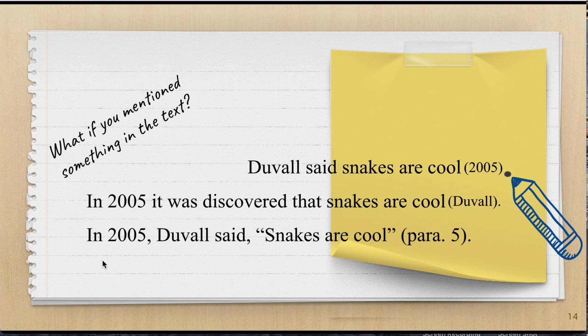Or maybe I said in 2005 Duval said snakes are cool. If I didn't have a direct quotation, I don't need to put an in-text citation because it's already in the text, the citation, all right? But if I didn't do that, if this is a direct quotation, then I need the parenthetical and I put the page number, okay? Take a look at this just to be sure.